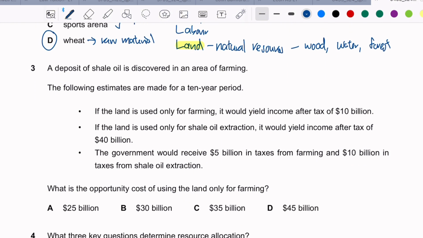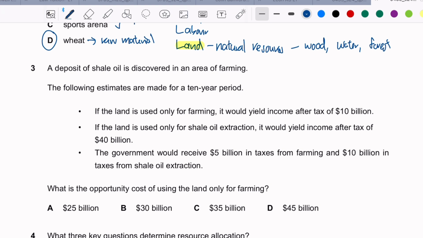Moving on. A deposit of shale oil is discovered in an area of farming. The following estimates are made for a 10-year period. If the land is used for farming, it would yield income after tax of $10 billion. If the land is used for shale oil extraction, it would yield income after tax of $40 billion.